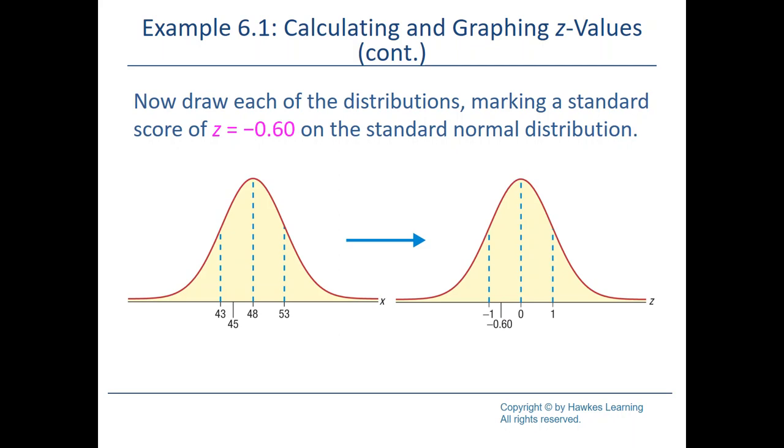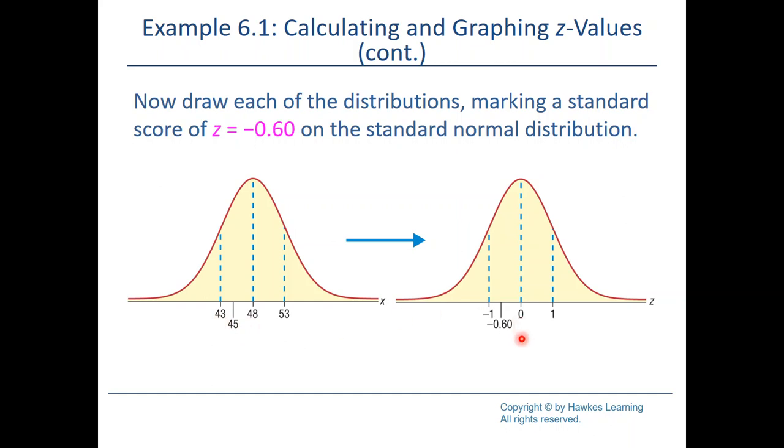So when you look at your regular score, the mean of 48 was in the middle. Our standard deviation was 5, so 5 above and below here. So I got 43 and 53. And 45, that x value, falls somewhere between 43 and 48.